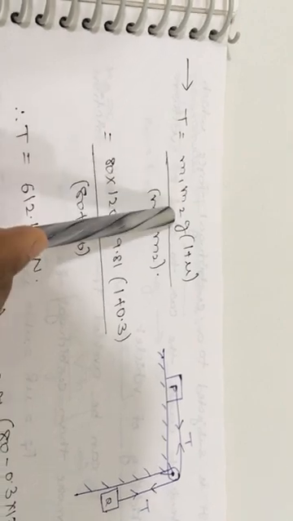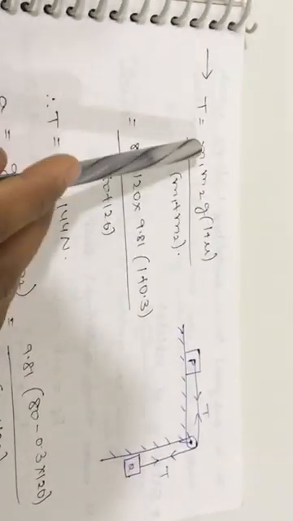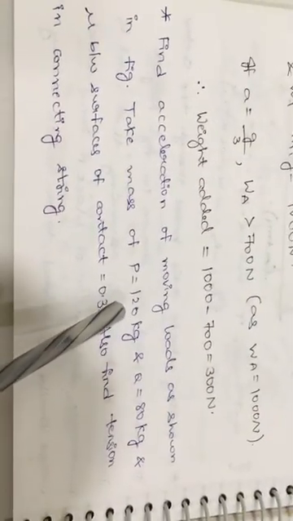In the formulas, the M1 value, M2 value, G value and mu value are there. M1 and M2 are directly given in the question: 120 kg and 80 kg. And the mu value is directly given, 0.3. Substitute all the values given in the question, and you will get the values directly from the formulas.